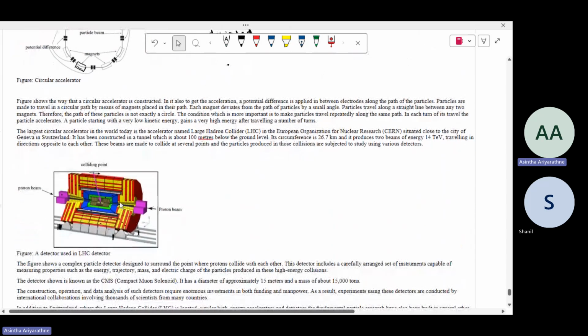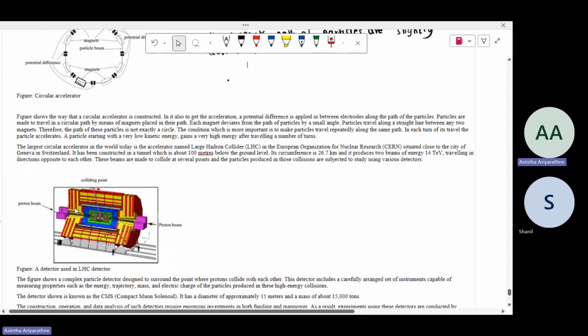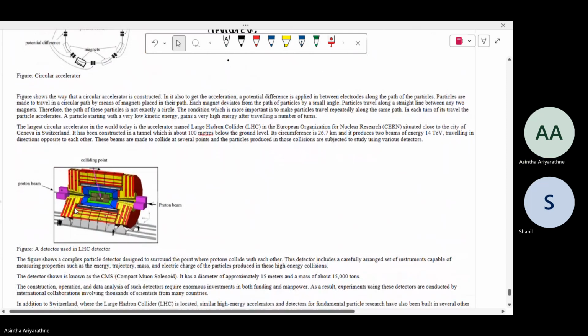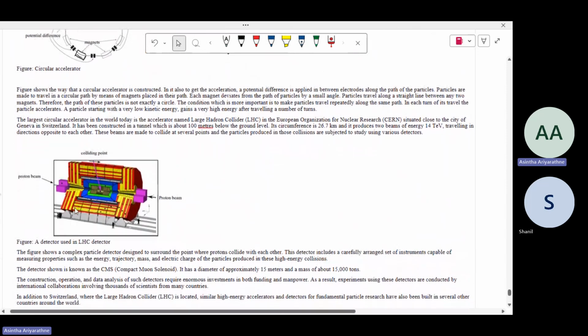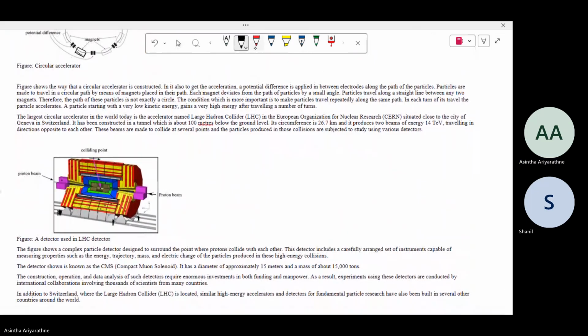And this is the detector. Finally, after the accelerator, we have the accelerated particle, which is allowed to fall on the nucleus, and this scatters some more fundamental particles.